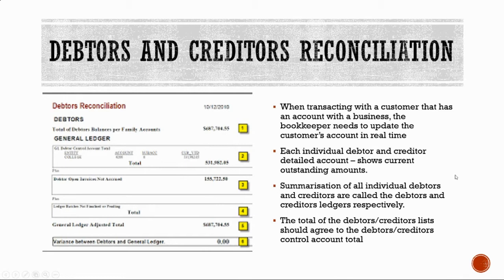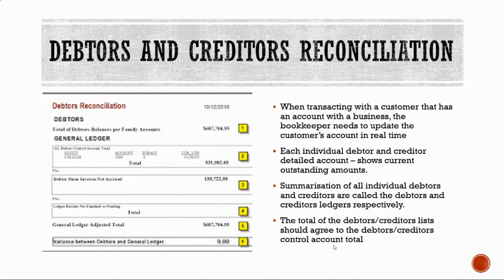Now, if we summarize all of our individual debtors or creditors, that is called debtors or creditors ledgers. And then the total of those debtors or creditors ledgers, which is captured in the list, should then agree back to our control account. So we take each and every individual debtor or creditor ledger, that is each individual creditor or debtor, their listing showing their running balance.